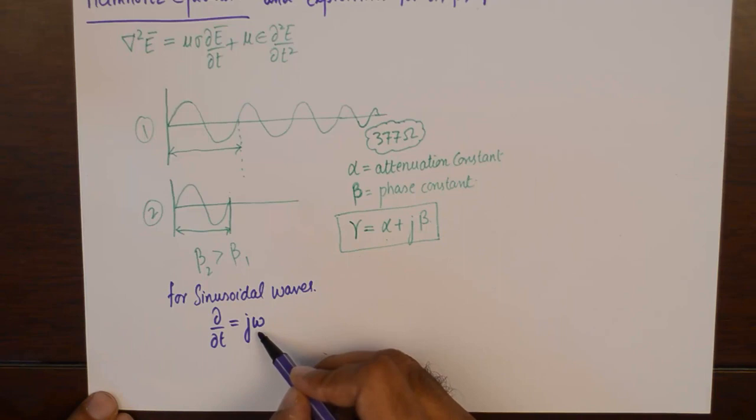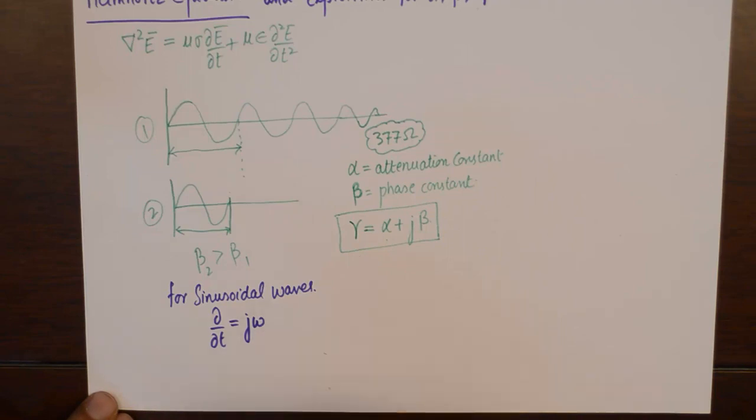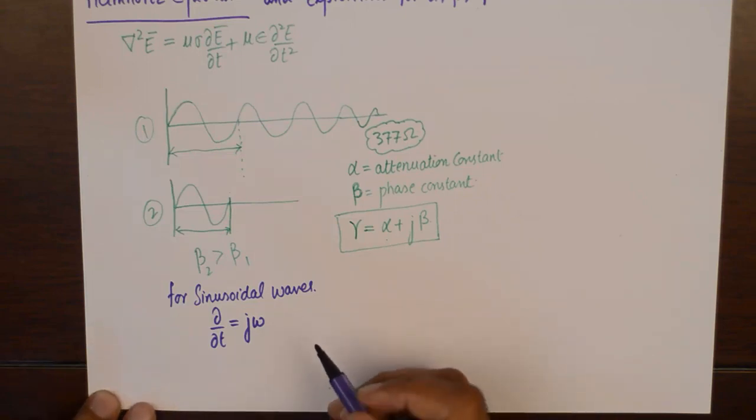So omega is that one thing that introduces the component for a sinusoidal propagation. The angular velocity is that component.